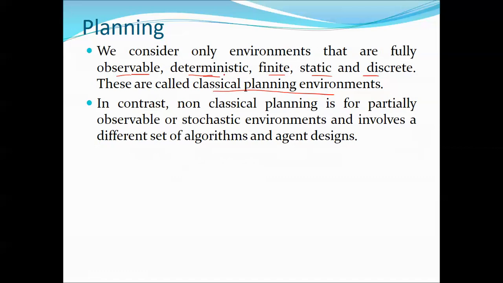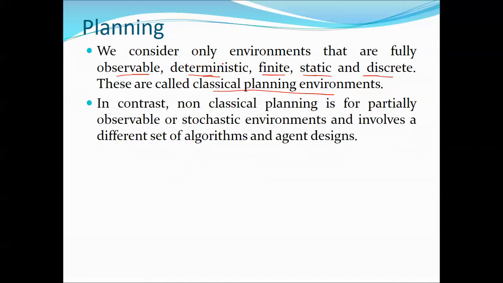Finite means the number of actions that can be done is finite. Static means the environment will not change while the agent is deliberating. And discrete means it is not a continuous environment. So we consider only this type of environment.